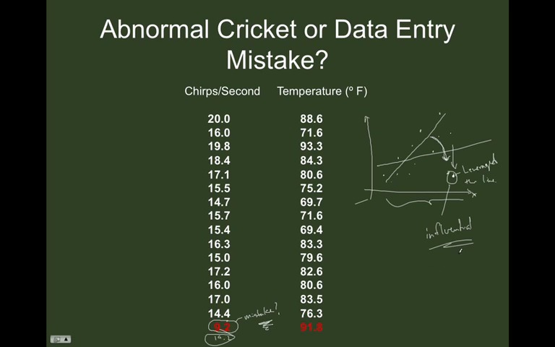These influential leverage points can be a real problem for our analysis, especially if we don't have the ability to track down the person that actually collected the data and documented the data. Because it could be that the data value was correct and that one chirping cricket was messed up somehow and it just threw all of our results off.